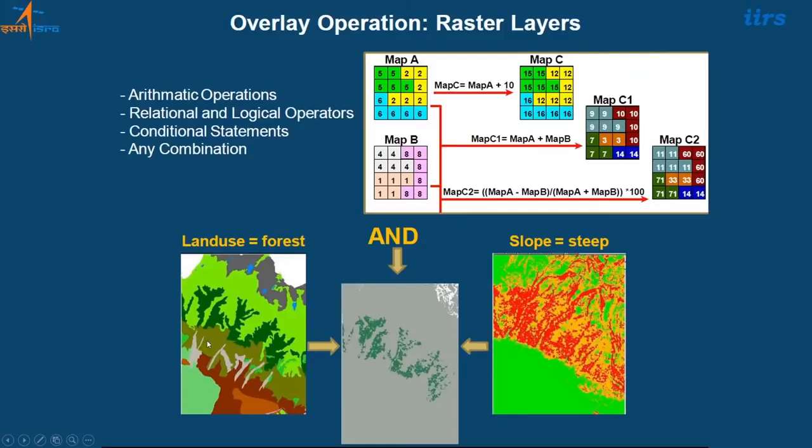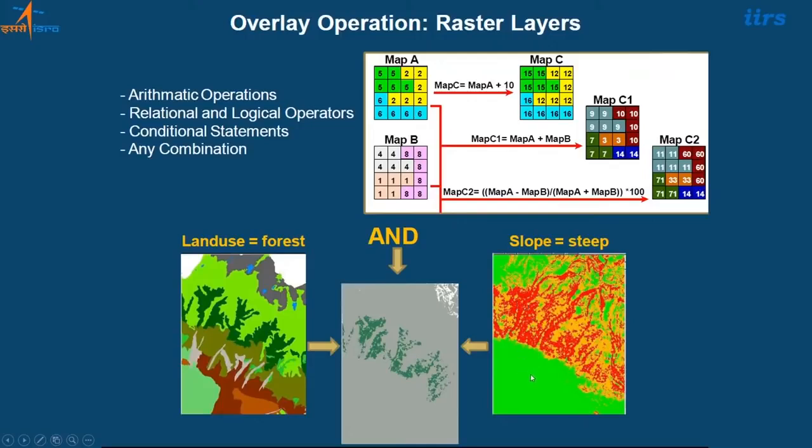So I have different colors for different classes. Similarly, in the slope map, I have this magenta, this orange color. These are the steep slopes, red is some moderate slope, and these are the flat lands.